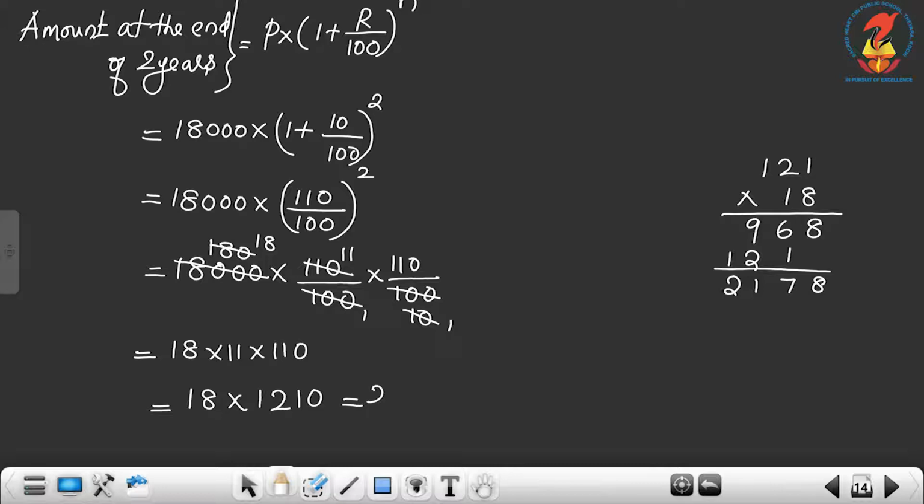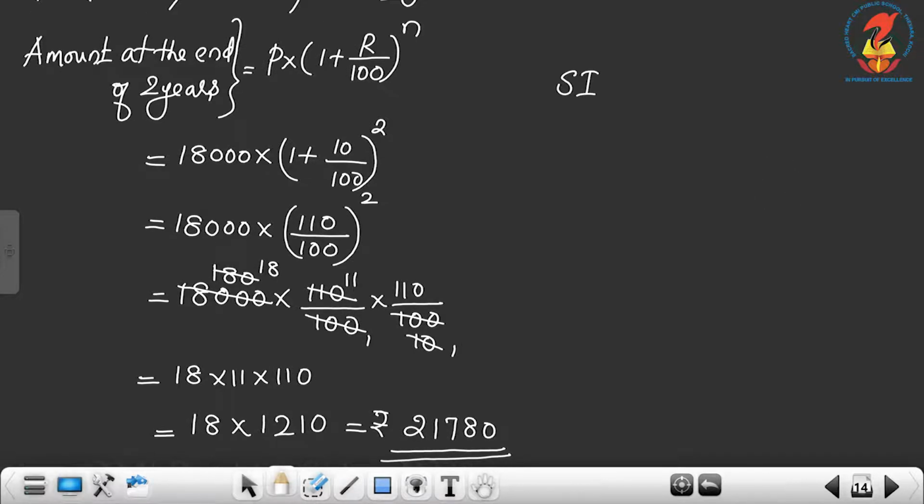It is equal to rupees 21,780. So the amount at the end of 2 years will be 21,780.